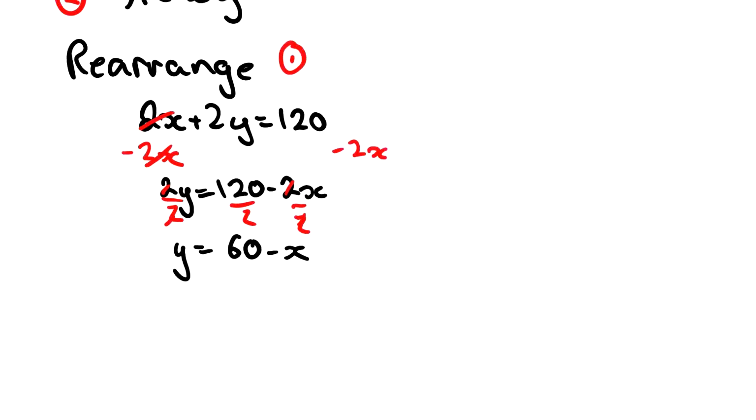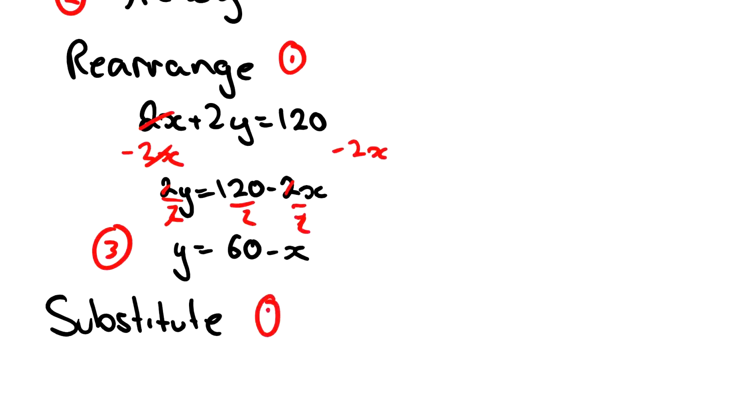At this point, it's a relatively new equation, so I'm going to label it as 3. So I do have it in terms of y now, so what I can do is actually substitute that. I can substitute my new equation, number 3, into our area equation, number 2.